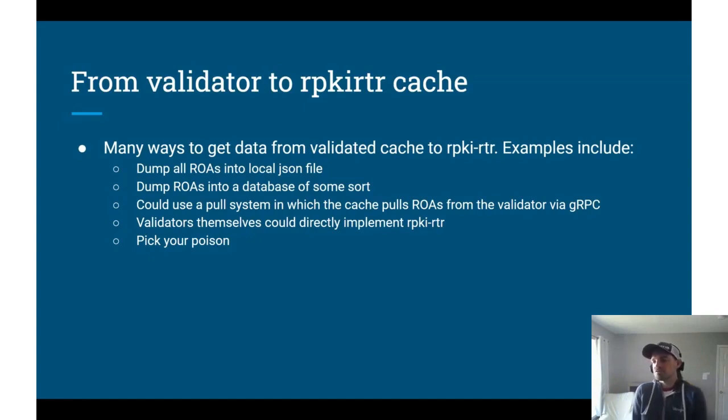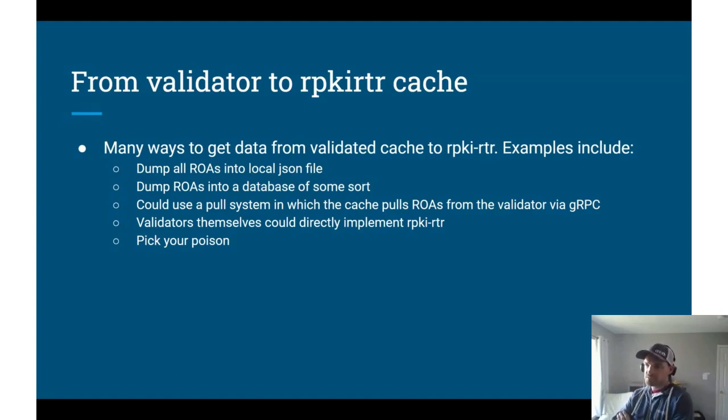It really depends. There's no real defined way, but basically what you're doing is taking this high CPU load workload that has been verified, and you want to shove this verified data to your routers. That is what this application does. It runs over TCP.